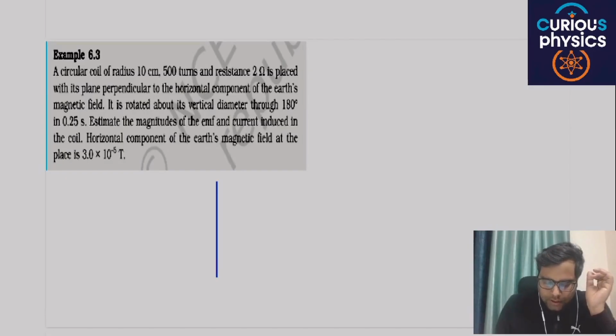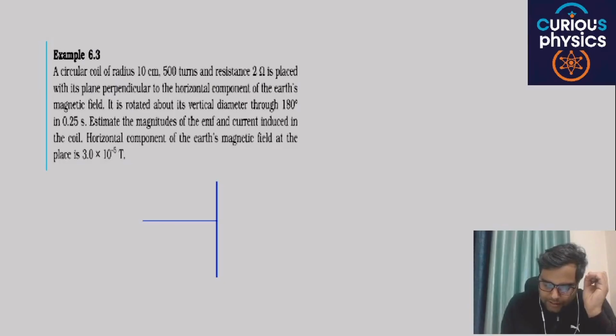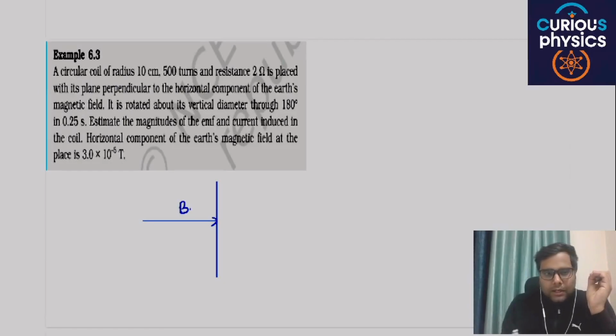It is rotated about its vertical diameter. Estimate the magnitude of EMF and current induced in the coil, and this is the direction of the magnetic field. The area vector is initially outside, so initially the angle is 0 and finally the angle is 180, because the loop can rotate vertically.